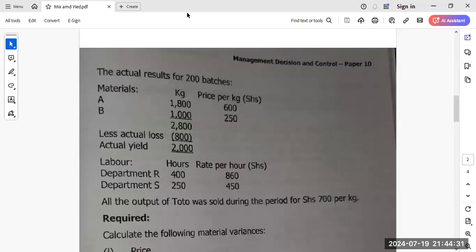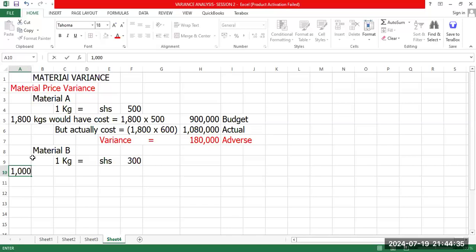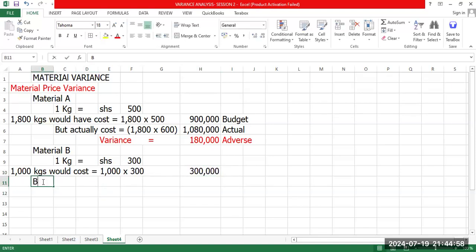So 1,000 kgs would have cost how much? You get 1,000 times 300. How much do you get? You get 300,000.